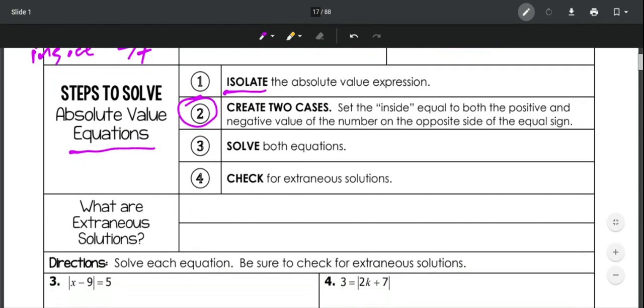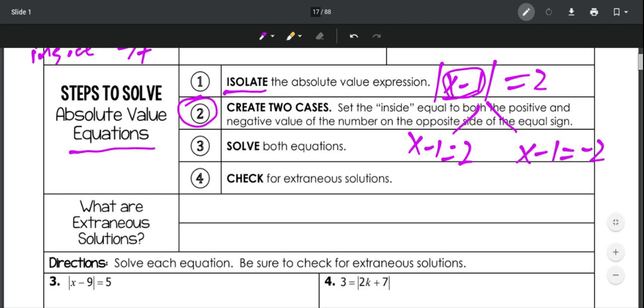That is going to look something like this. You would pull both of those out. The inside, you'd say x minus 1 equals 2. Then you would say x minus 1 equals negative 2. So you're just taking this and making it positive and negative equal to the inside. So two separate cases for that. That's what you'll be doing.